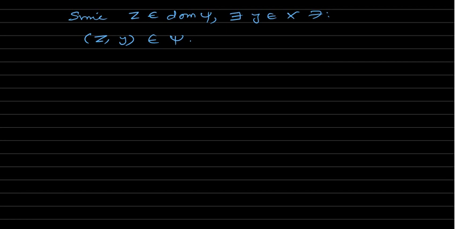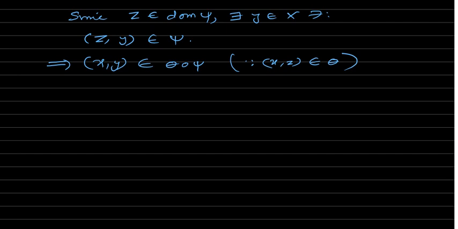So (z, y) is in psi, and (x, z) is in theta, which means that (x, y) is in theta composition psi by the definition of composition. Okay, (x, y) belongs to theta composition psi.